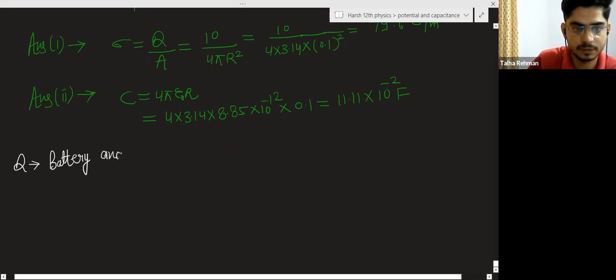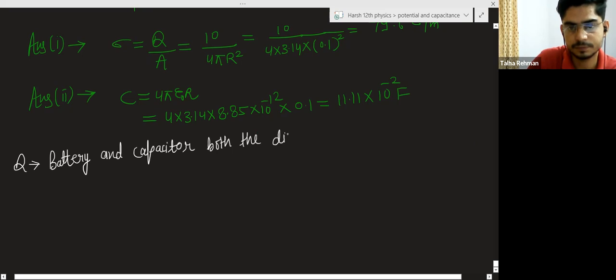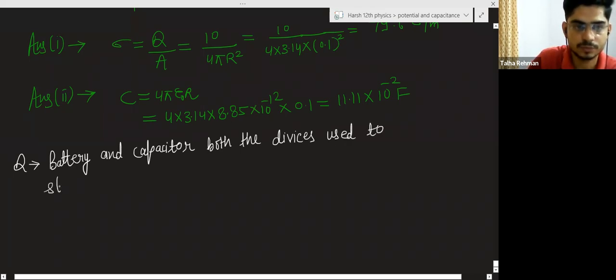Battery and capacitor, both are devices used to store the charge.